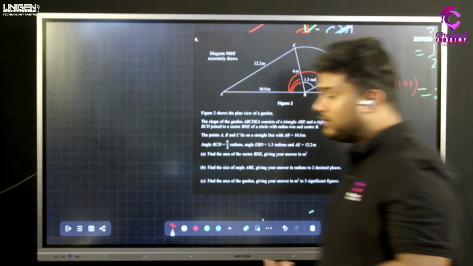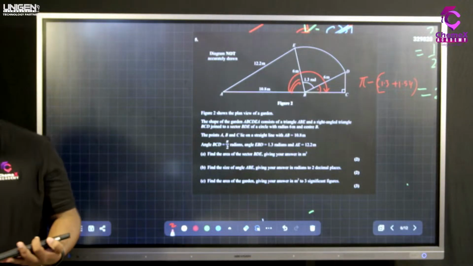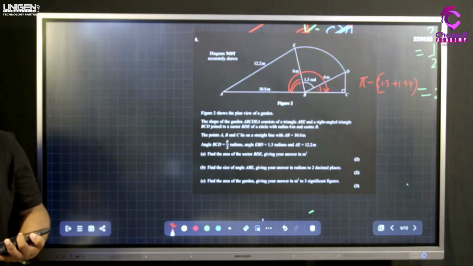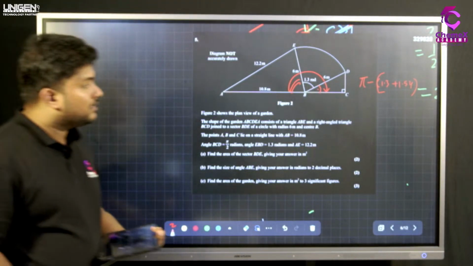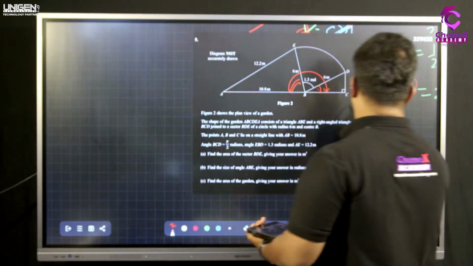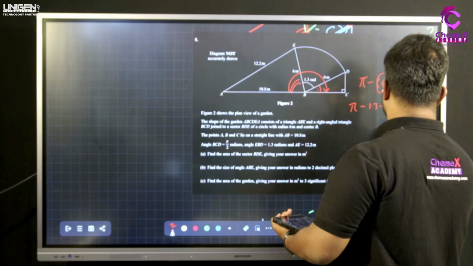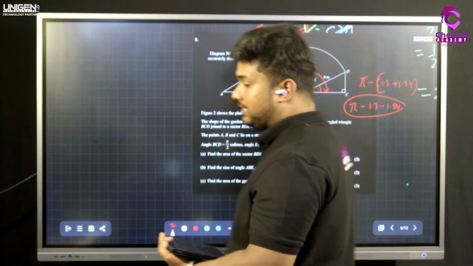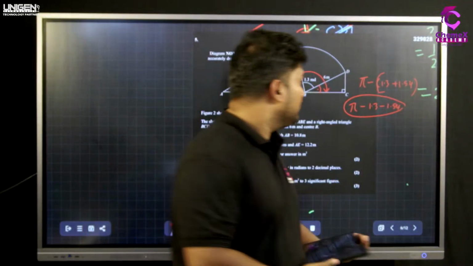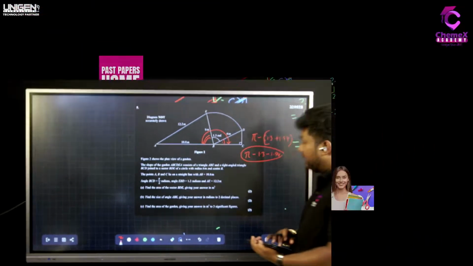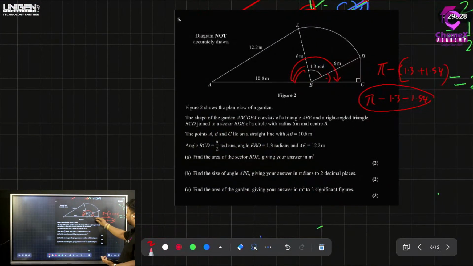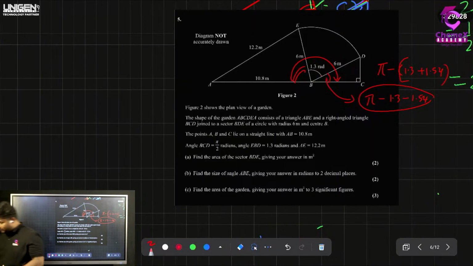Is that the angle we got before? Yes. So then it's gonna be pi minus 1.3 minus 1.54. So that's the angle of that particular part. So after that, now if you know this angle, how can I find the area? Any leads for area, how to do?